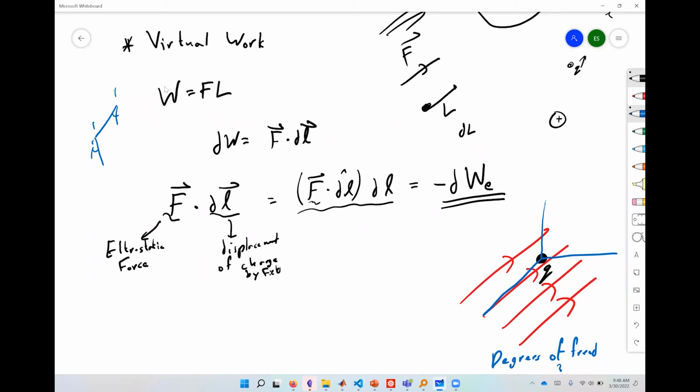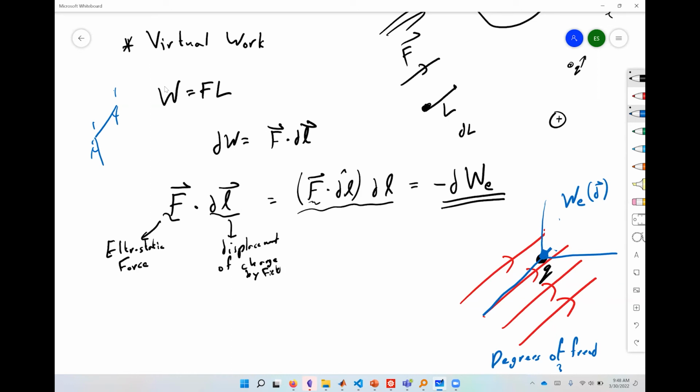Okay? So the question is, what happens if the charge is displaced virtually, some displacement d? How does the electrostatic energy change, right? And there's a way to do that. We can plot WE with respect to displacement.